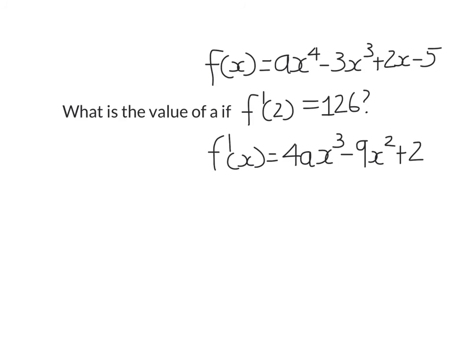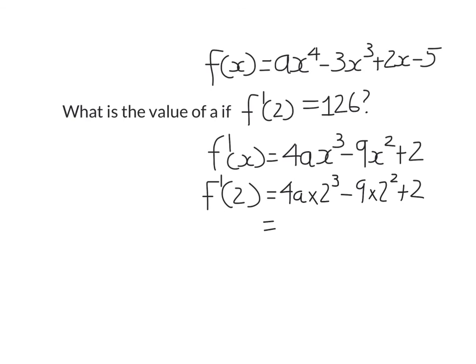So what does this mean, f dash of 2? Well, what this means is I just take my expression f dash x here and I substitute x for 2. So that would be 4a times 2 cubed minus 9 times 2 squared plus 2.